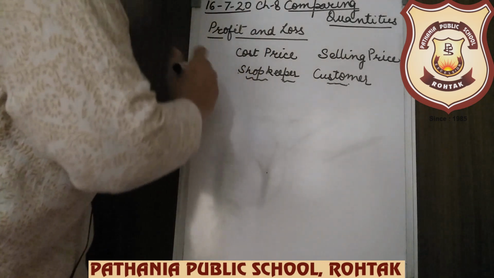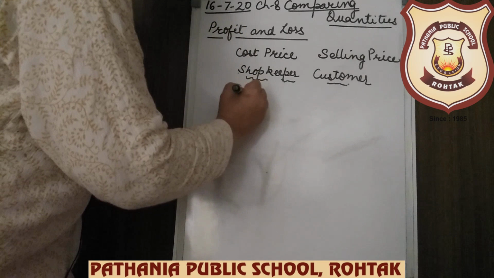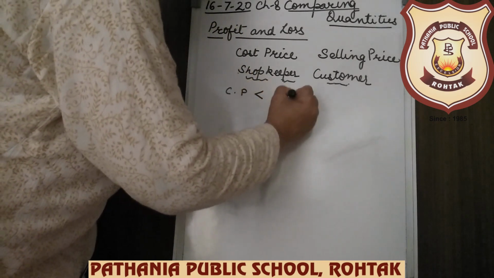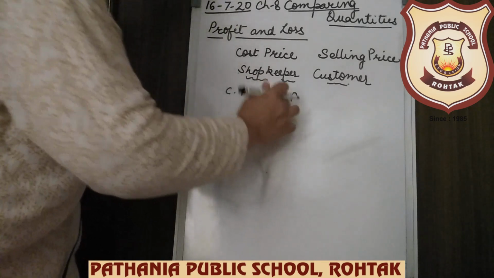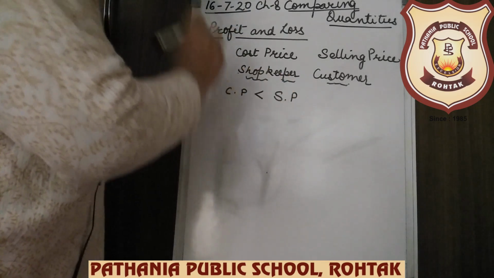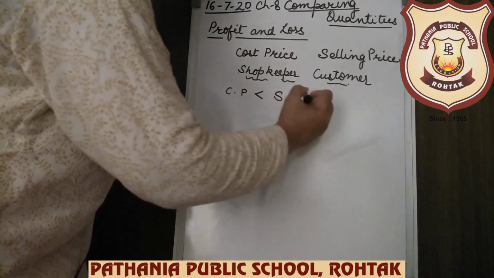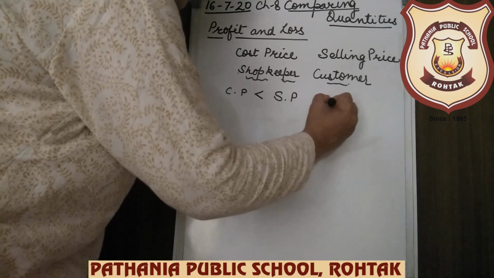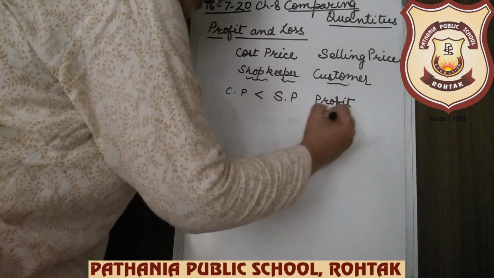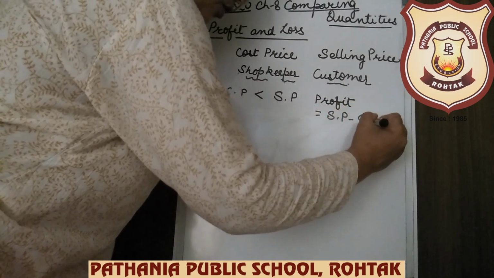Now there are two things. The first condition is when the cost price is lesser than the selling price, or in other words, when the selling price is bigger than the cost price, there is profit. There is profit, and that is equal to selling price minus the cost price.